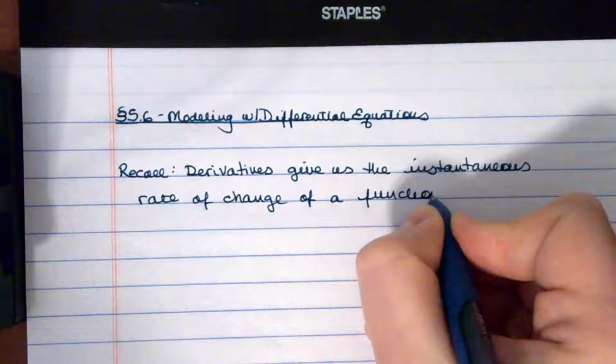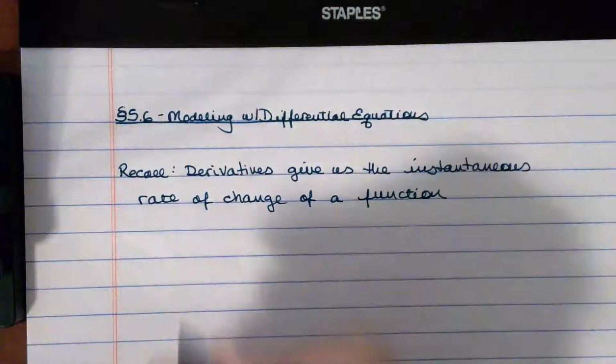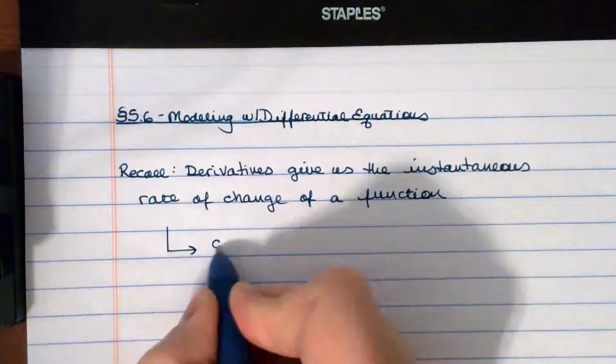It tells us how something is changing. Derivatives give us the instantaneous rate of change of a function.